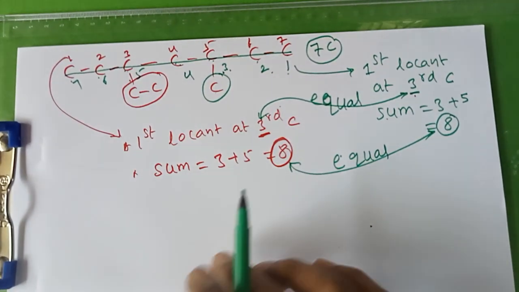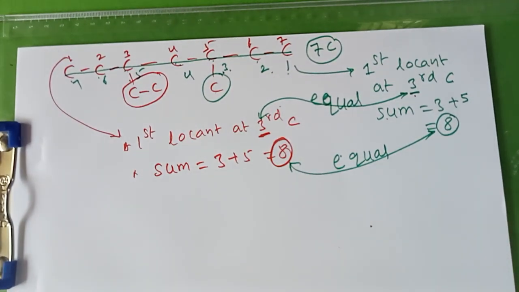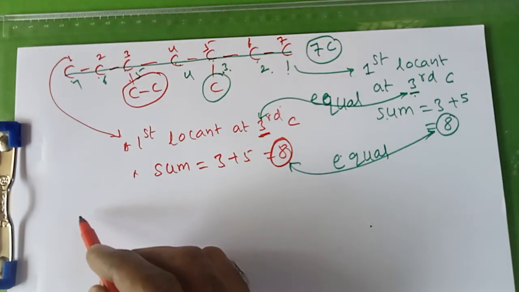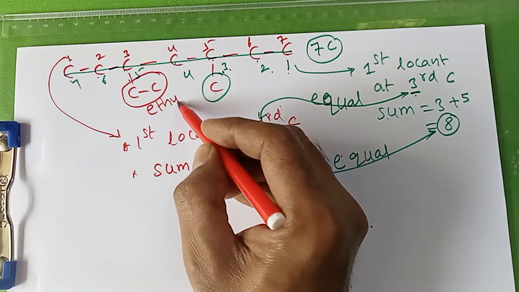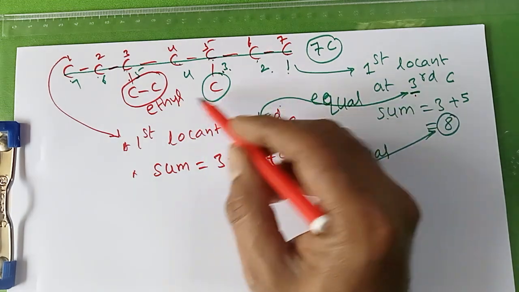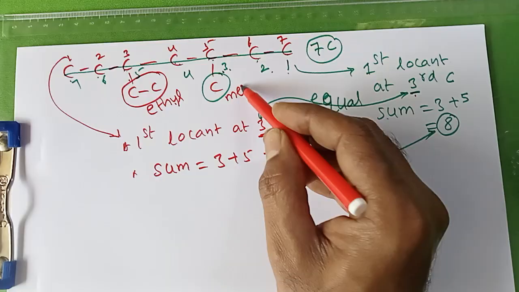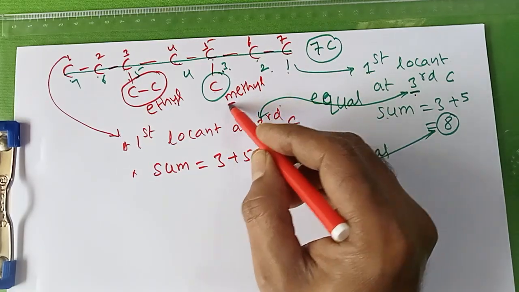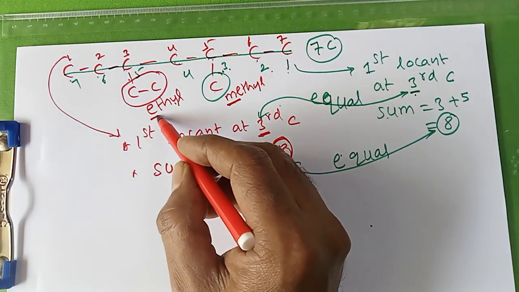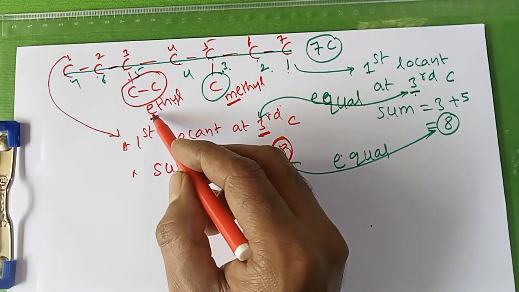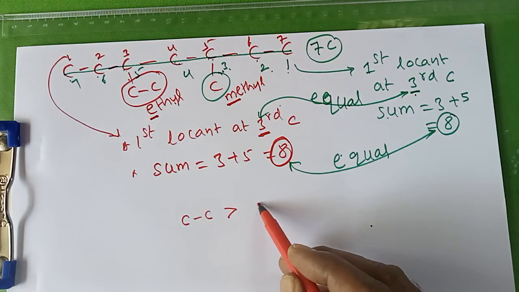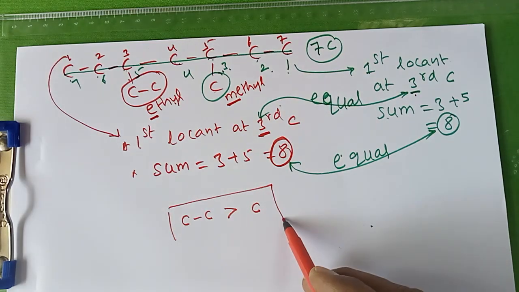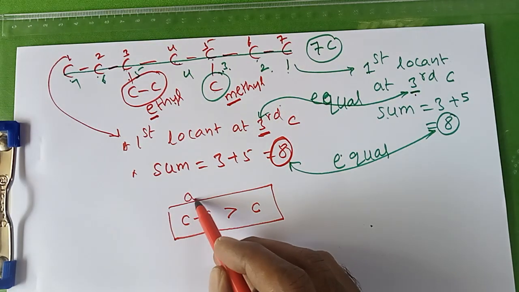Okay, now in this case, numbering is decided according to alphabetical order. What is this branch name? Ethyl. What is the other branch name? Methyl. Methyl's first letter is M, ethyl's first letter is E, so E comes first. So ethyl has more priority than methyl according to alphabetical order.